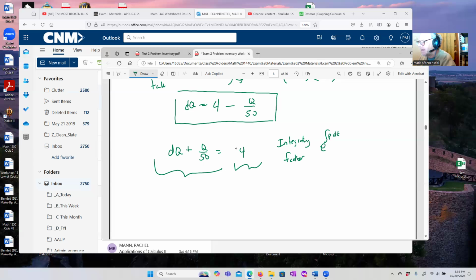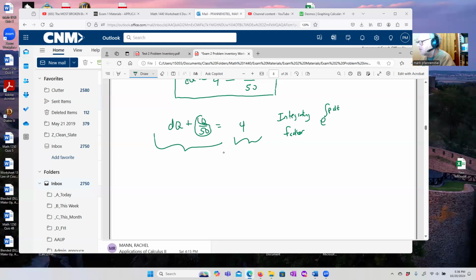And P is whatever the thing is in front of the Q. It's this piece right here. Include the sign. So our integrating factor is e to the integral of 1 over 50 dt. Well, that's not so bad. That's just e to the 1 over 50 t, or e to the t over 50.